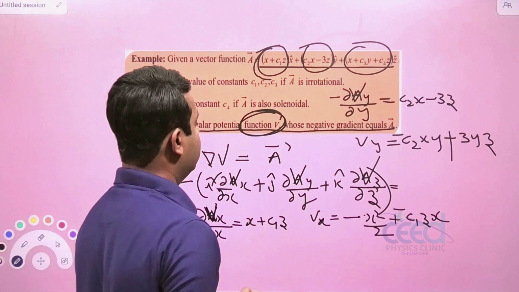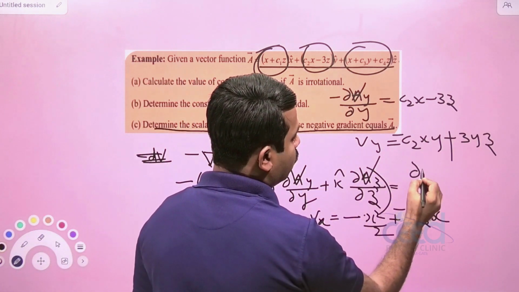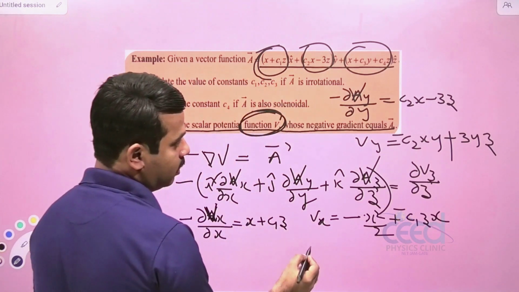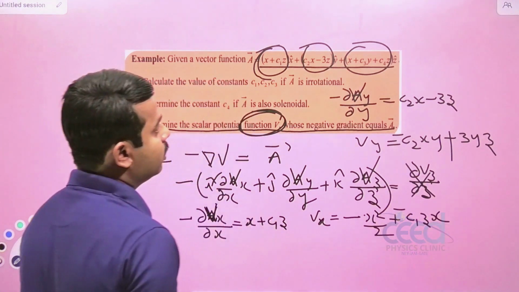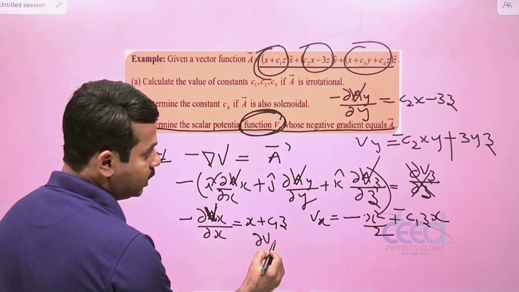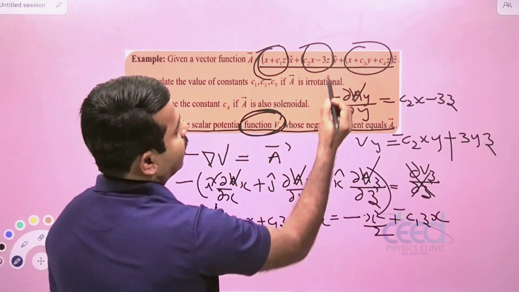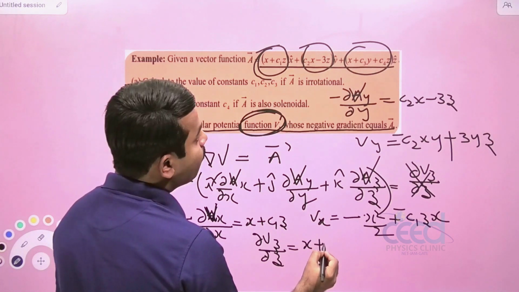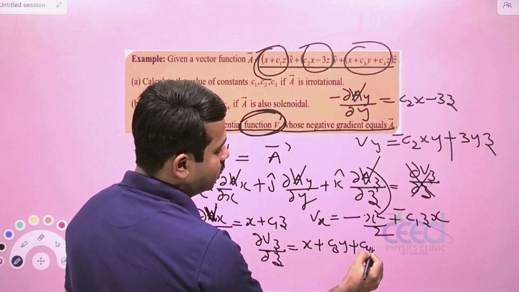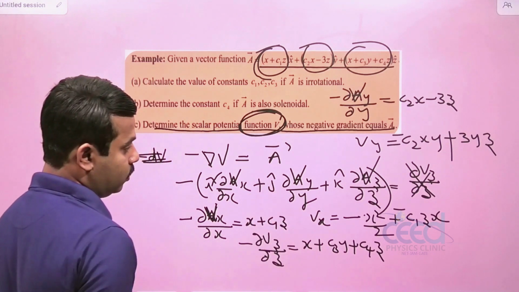Now what is Vz? Next term you take, that is dou Vz by dou z. So next part, dou Vz by dou z is equal to x plus C3y plus C4z. This negative gradient you should take.